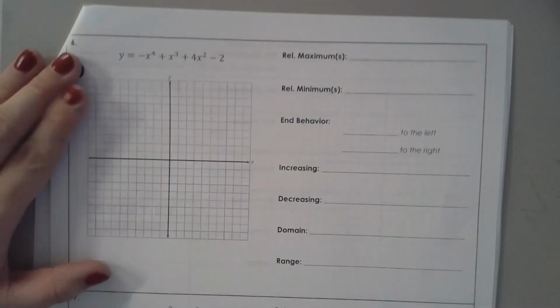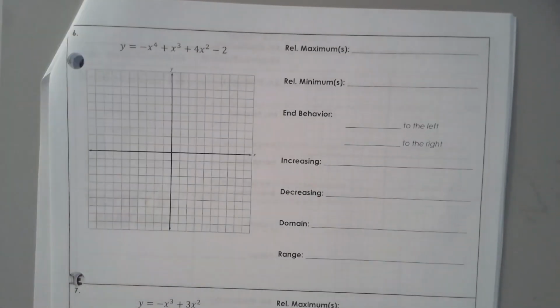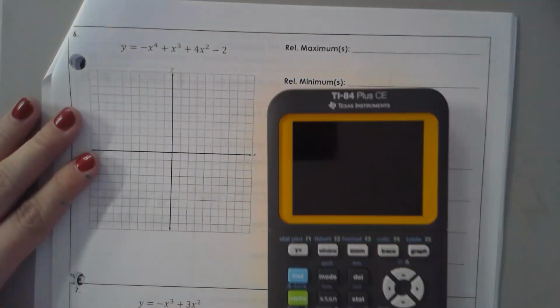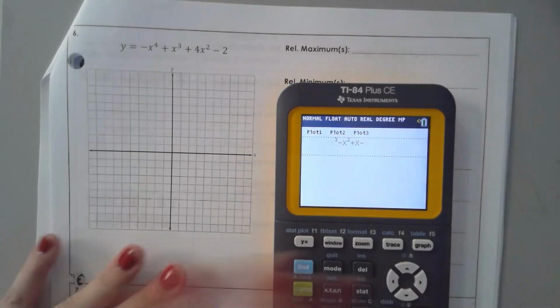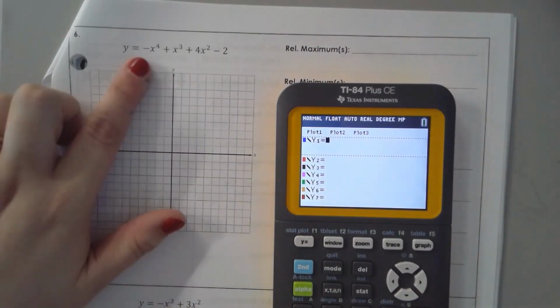So we're going to do some examples where we're going to just kind of get everything. We're going to practice all of it. So we've got an equation. Let's put that in y equals.